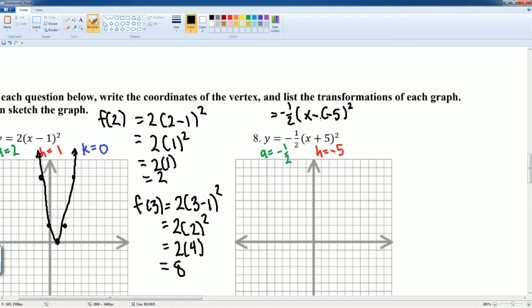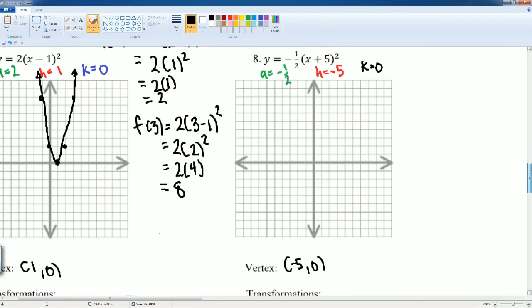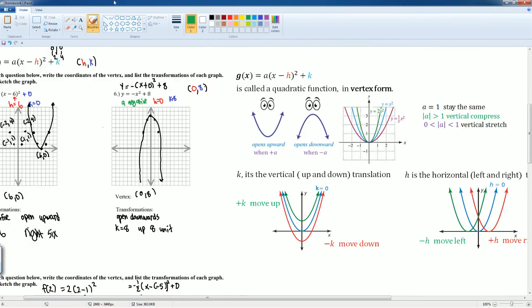Make sure in vertex form it's x minus that. And there's no k value here, so k is 0. So we can get our vertex: it looks like it's (-5, 0). And we know that A is negative, so this opens downward. H equals -5. Also, the absolute value of A is 1/2, so that is a vertical stretch.